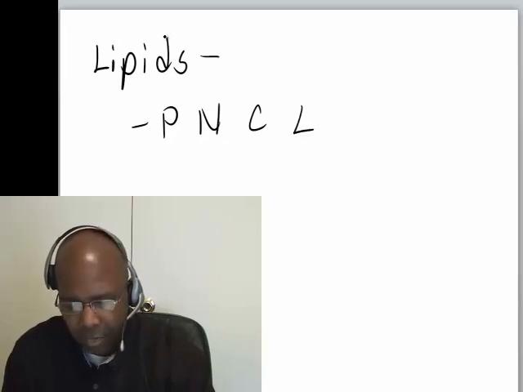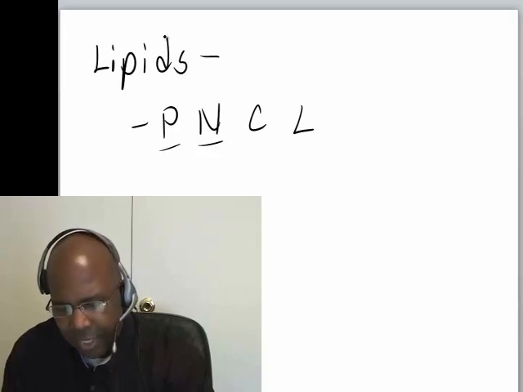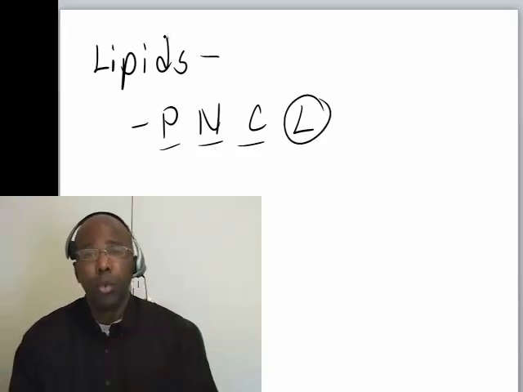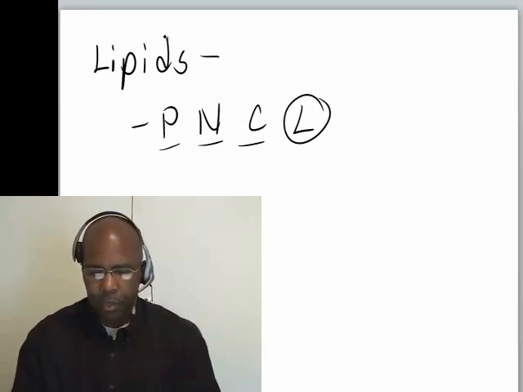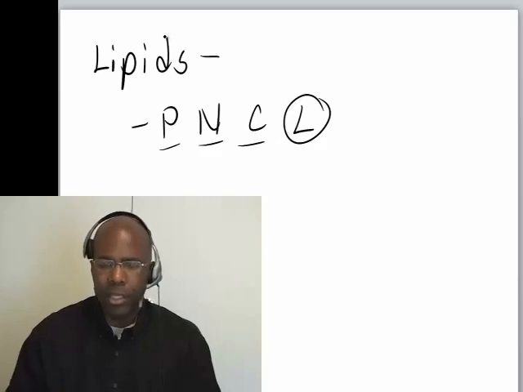Pencil, PNCL. And of these, the lipids are the most water insoluble. They have very low polarity, and so they have low solubility in water.